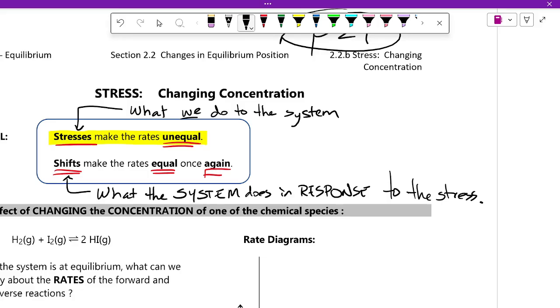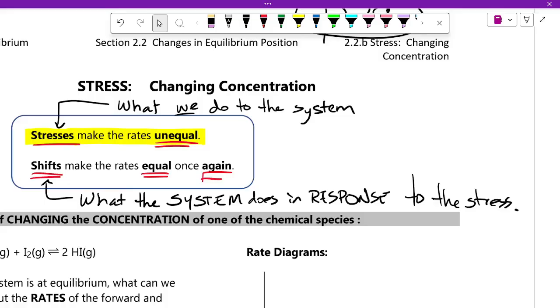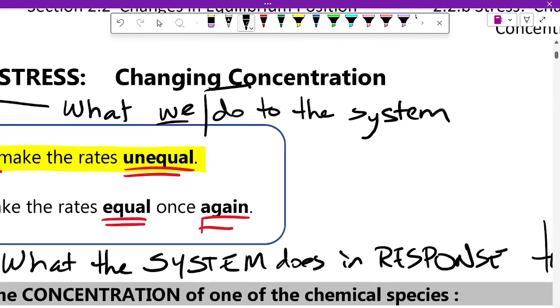So yes, they overlap, but not because they're properties, just because they happen to be the same things. A stress is a process. It is what we do. Yes, it is an action. A stress is basically an action that we do. A shift is an action that the system does. That was a good question.